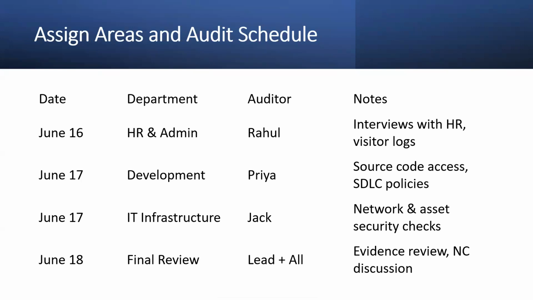During the meeting, all this will be discussed between the auditors. So we have not started the audit process as of now. We are still in the first phase where we are preparing ourselves for the audit. We call it the pre-audit, and this is the pre-audit briefing.